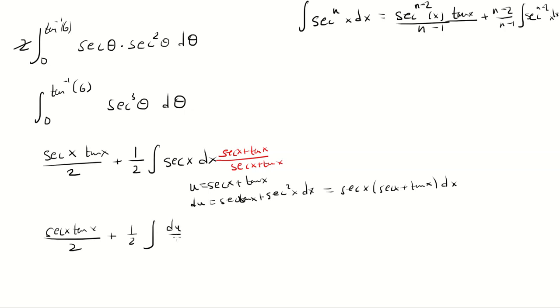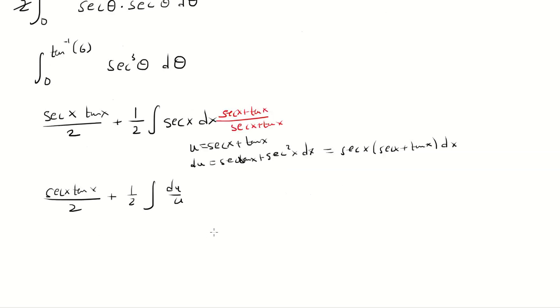So it's just du over u, and then that's going to be ln of u, but u we said was secant plus tangent. And then we can evaluate this from 0 to inverse tangent of 6.